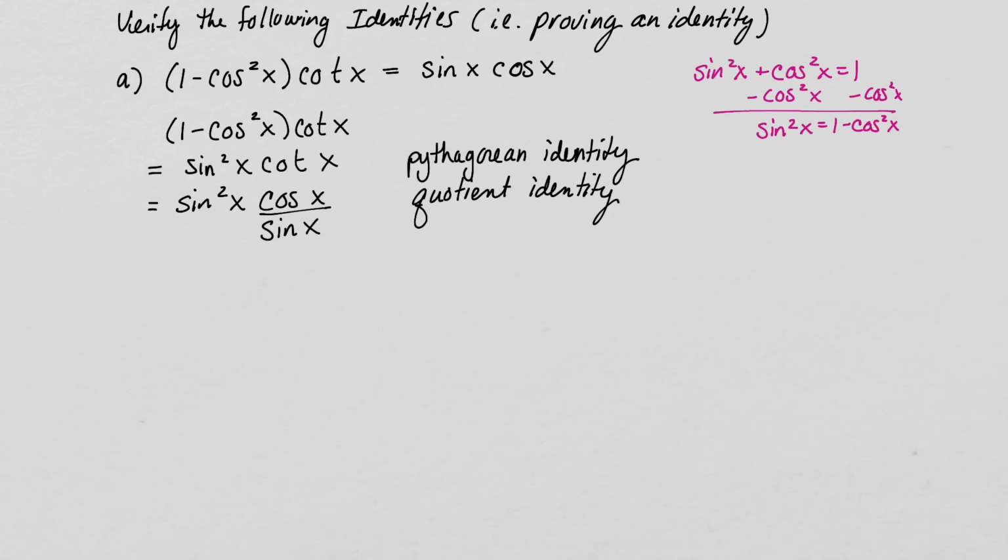Are you going to factor out sine squared of x? Not that I'm going to factor out sine squared of x, but I'm going to cancel out a sine of x. If you think about it, I have 2 of them, right? It's sine x times sine x. So I have 2 sine x's on the top, and I have 1 sine x on the bottom. So this sine x on the bottom would cancel out the squared part.